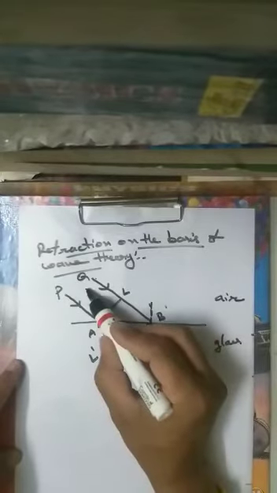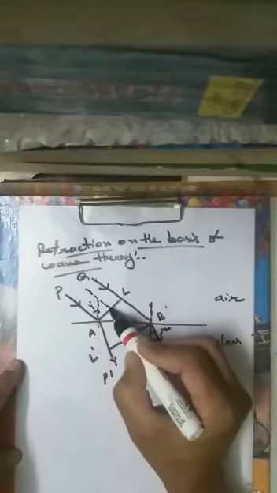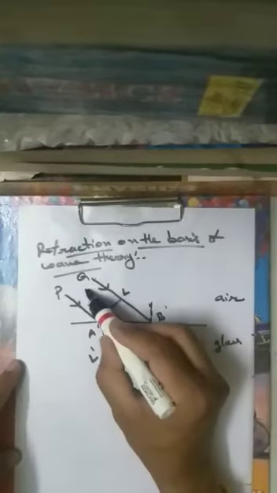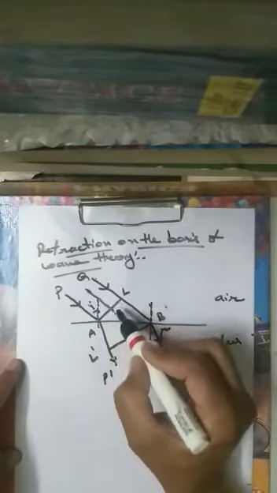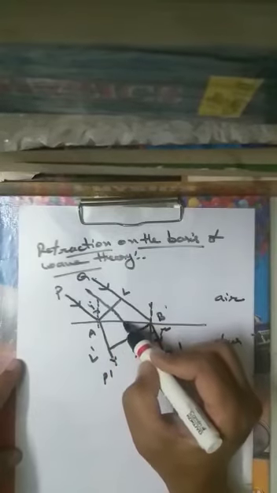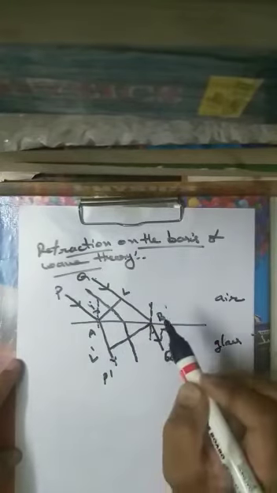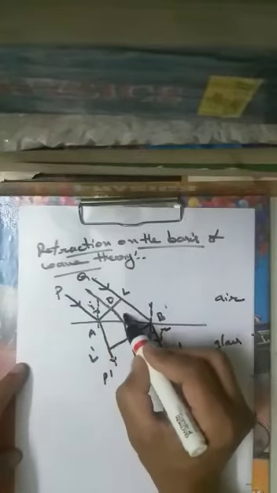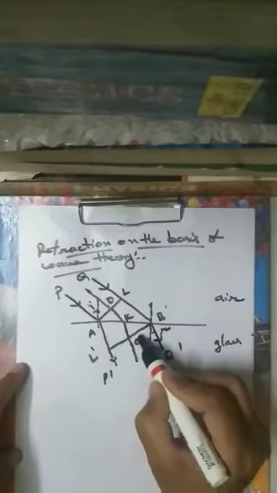This is another ray we assumed coming in the medium, in the middle of the wavefront, because the wavefront contains a number of wavelets or rays. This point is O, this is K, this point is O dash.